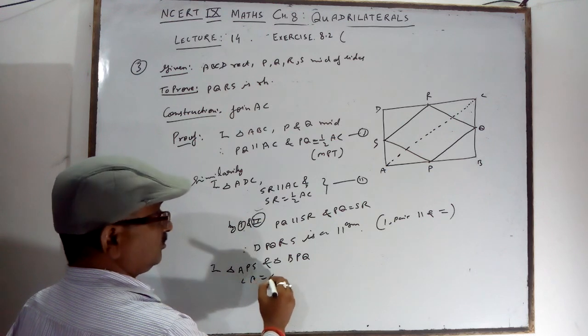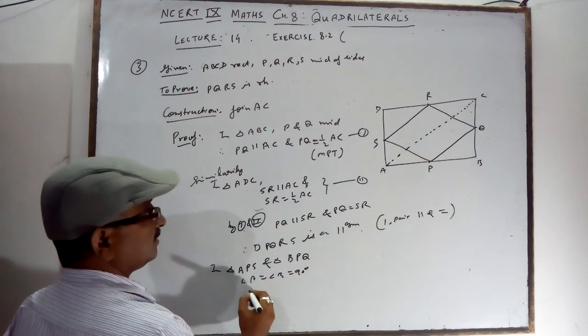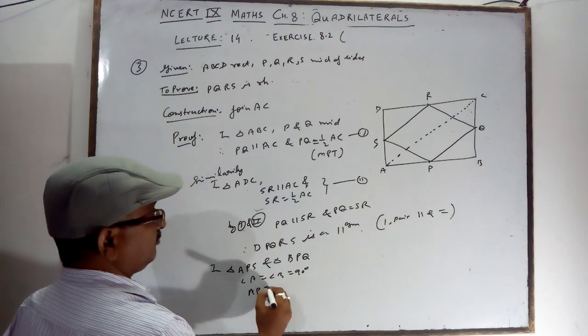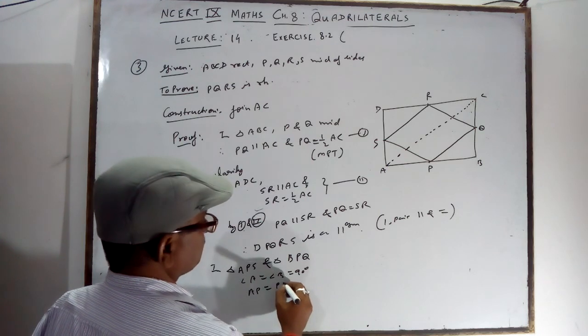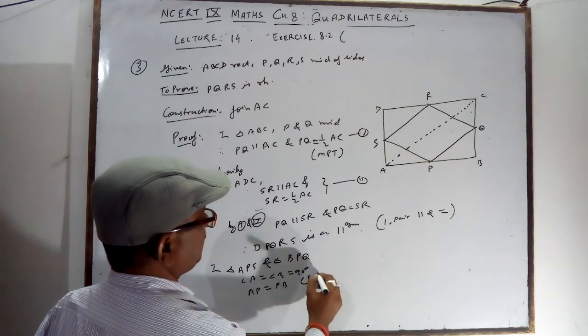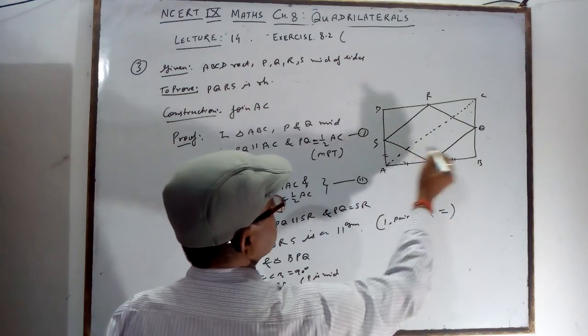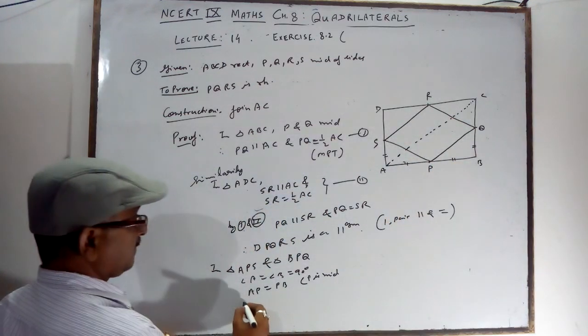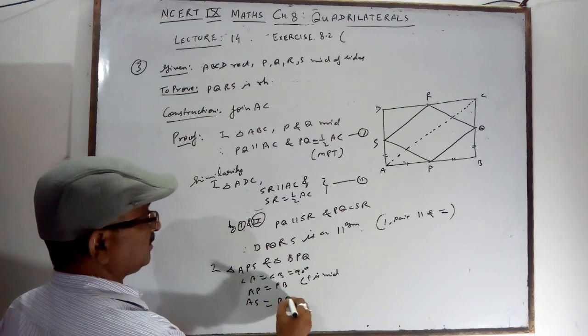Angle A is equal to angle B, 90 degrees, given. AP is equal to PB because P is the midpoint. Halves of equals are equal, so AS is equal to BQ.